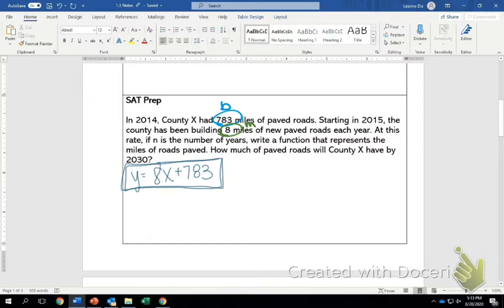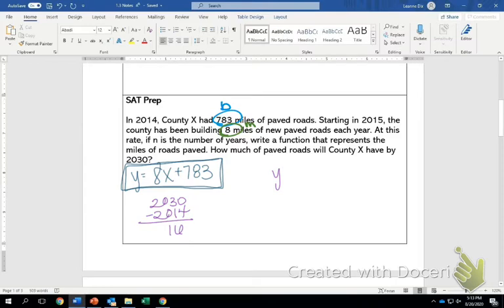The next piece says, how much of paved roads will County X have by 2030? Well, the first thing we need to do is determine how many years transpired between 2014 and 2030. So you can do this pretty easily just by subtracting, taking 2030 minus 2014. That's going to be a total of 16 years.